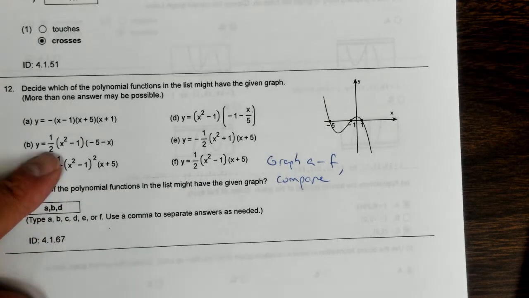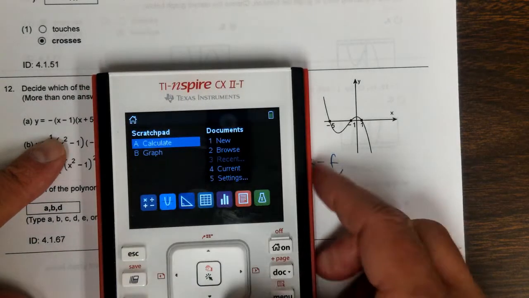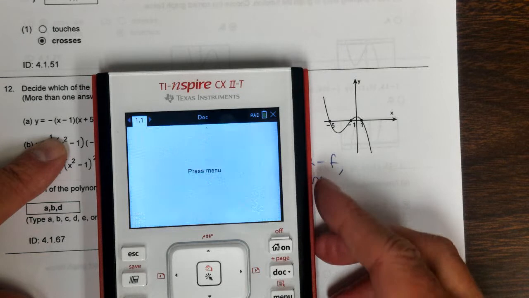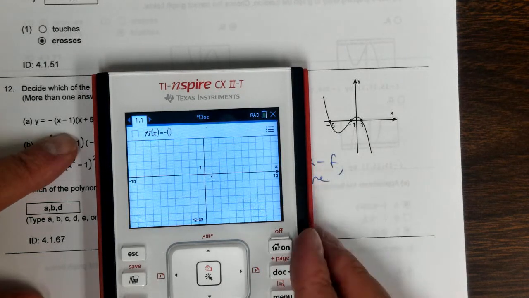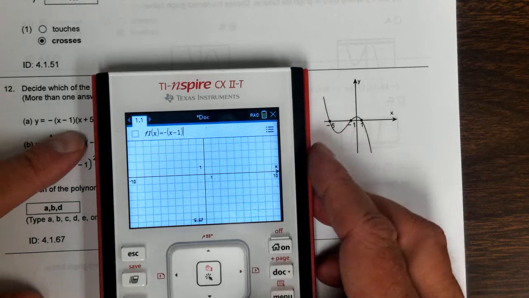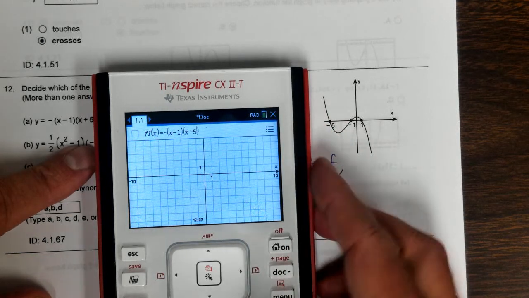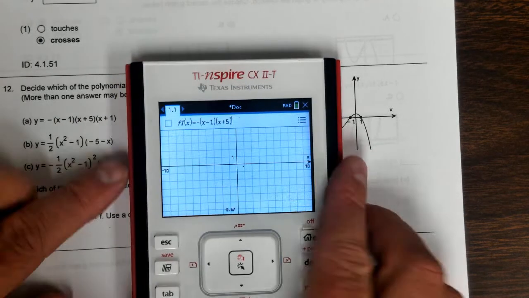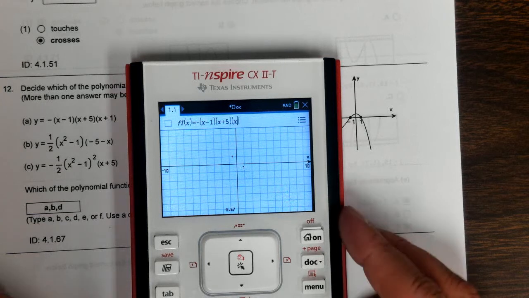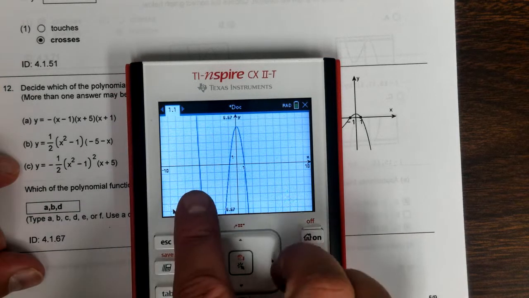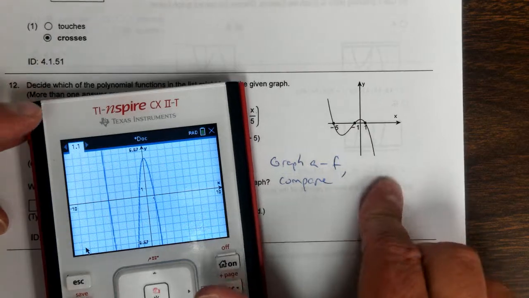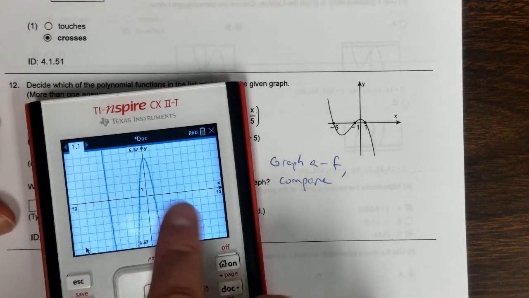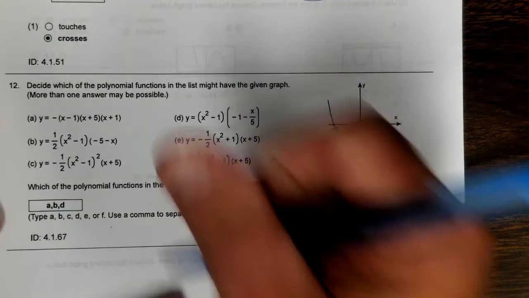So if you graph negative parentheses x minus 1, x plus 5, x plus 1, it's down, up, down, down, up, down with our correct numbers. And so A was correct.